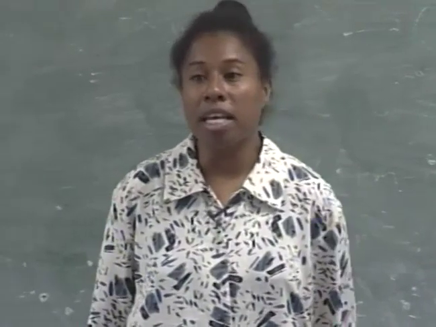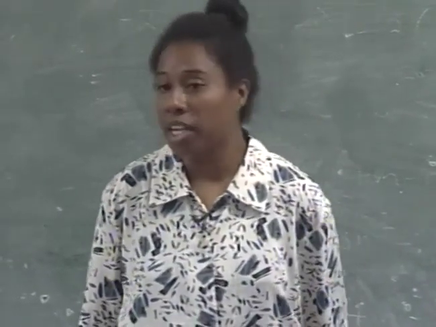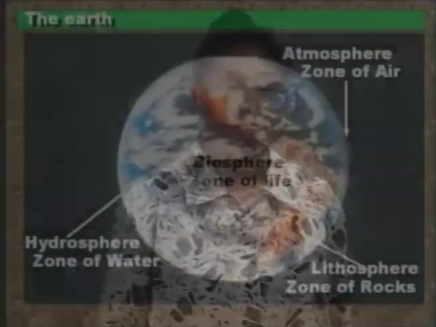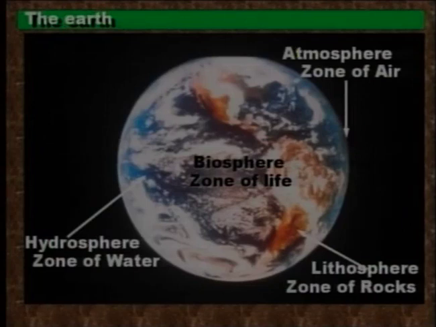So for our study with that information on the atmosphere, when we move on to the second booklet, which is on climate, that is when we are going to look at the atmosphere in a little bit more detail, because it is with the atmosphere that climate can actually be explained. So with the atmosphere, later on, we will look at the layers of the atmosphere, that is the troposphere, the stratosphere, and the ionosphere.